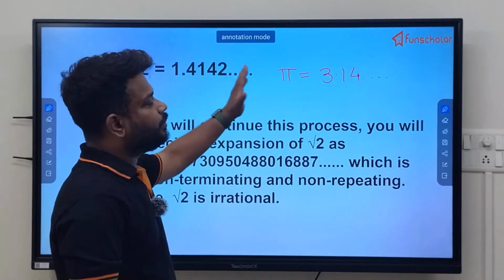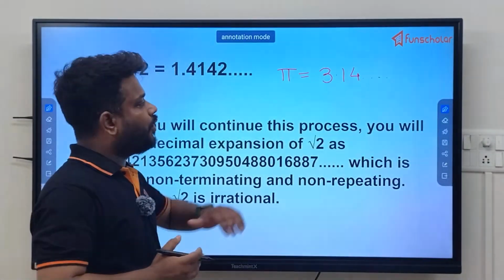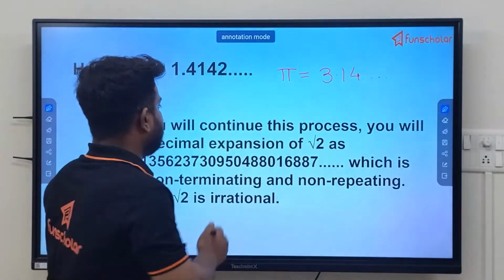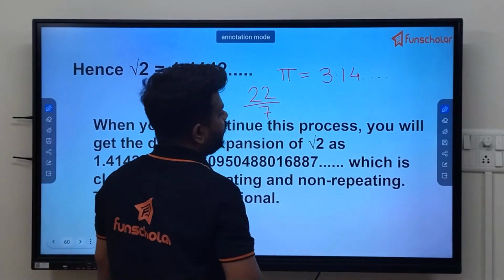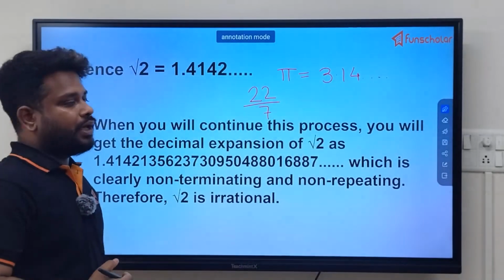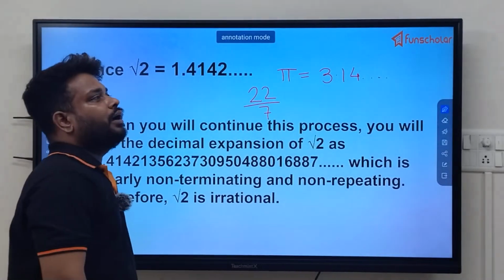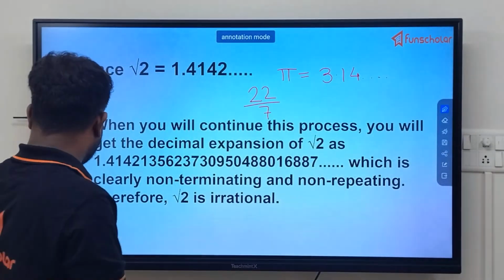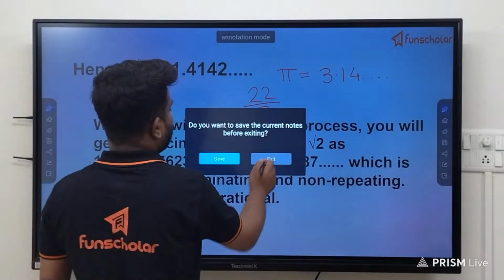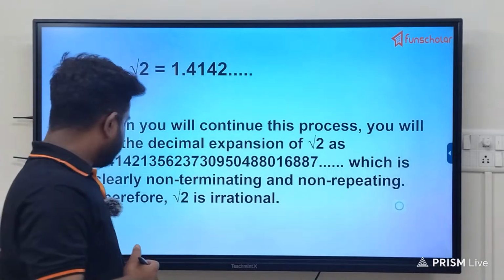So pi is also considered an irrational number, not a rational number. Just like if we try to divide 22 by 7, the number will be non-terminating, non-recurring decimal, right? So pi is also an irrational number.